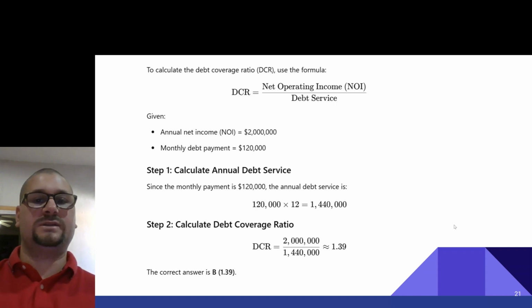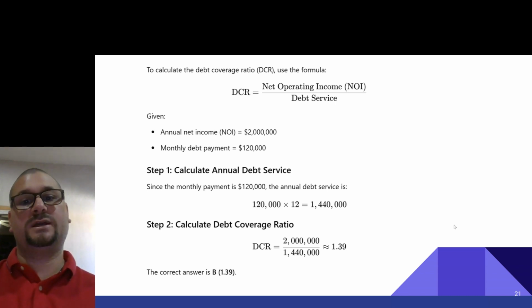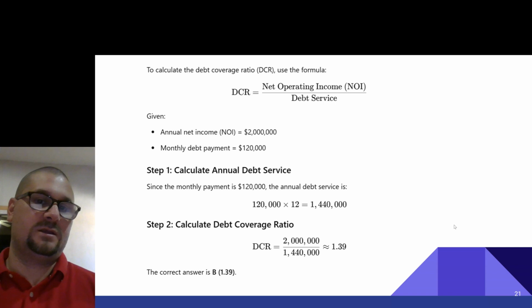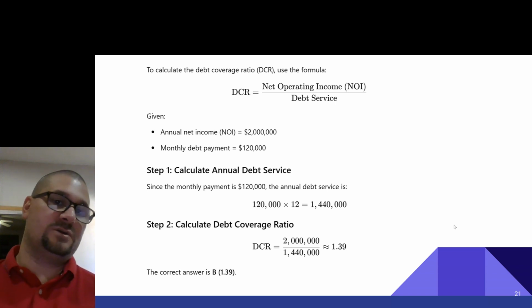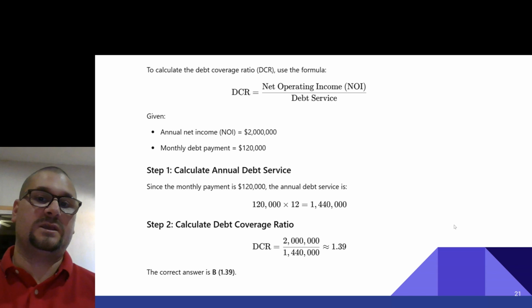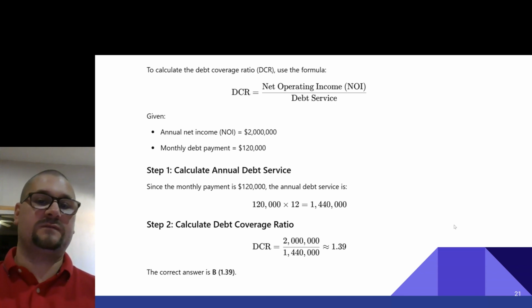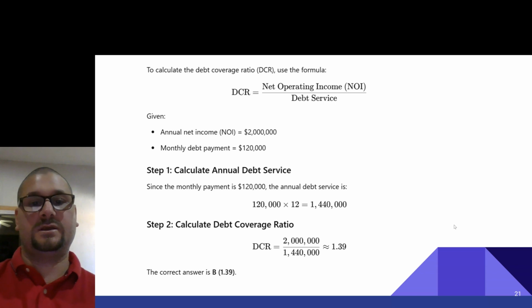To calculate the annual debt service, since the monthly payment is $120,000, it's $120,000 times 12, going from monthly to yearly. That gets you 1.4 million per year. So the debt coverage ratio is the 2 million net operating income divided by 1.4 million, and the debt coverage ratio is 1.39.